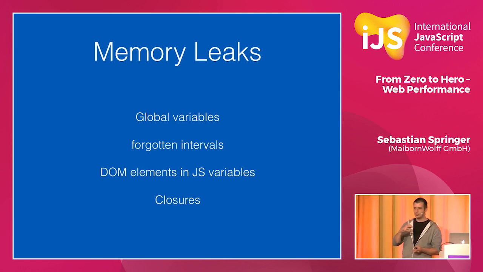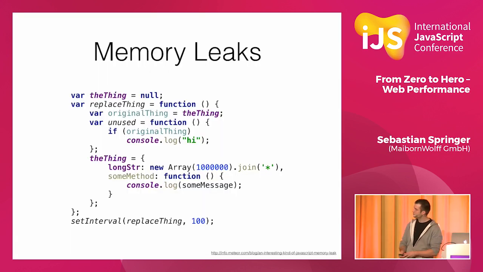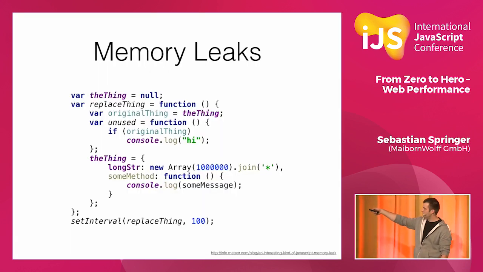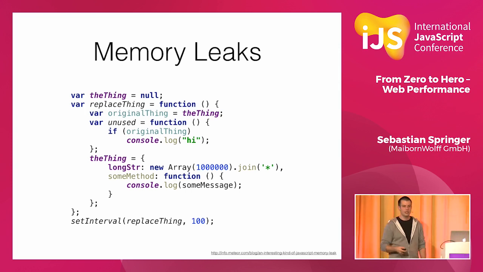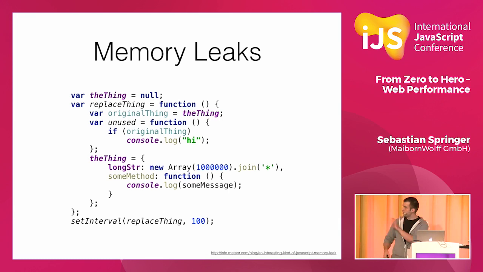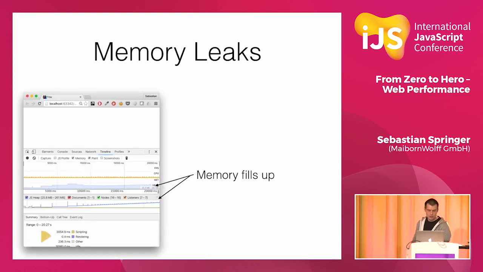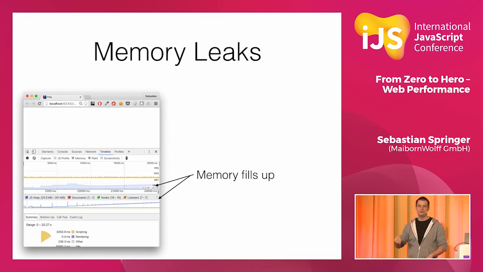And that means a function has access to itself, so this unused thing, but also to the creating context, which is the context that lies around. So you can access this thing here, and as long as this function exists, the complete context is available as well. So this little script here just causes the perfect memory leak because it just fills up your memory.